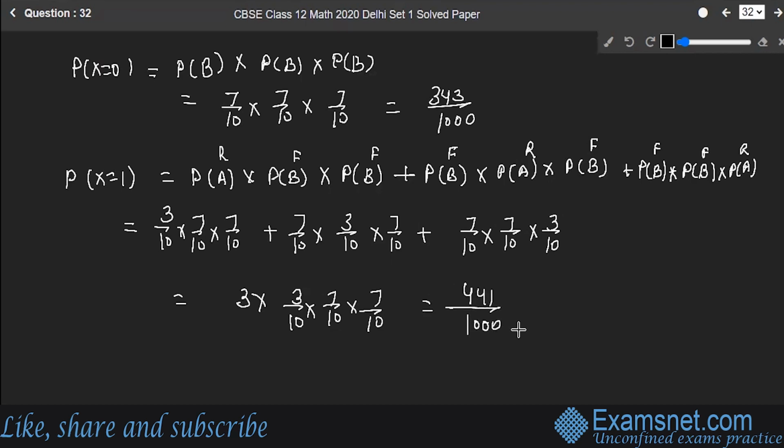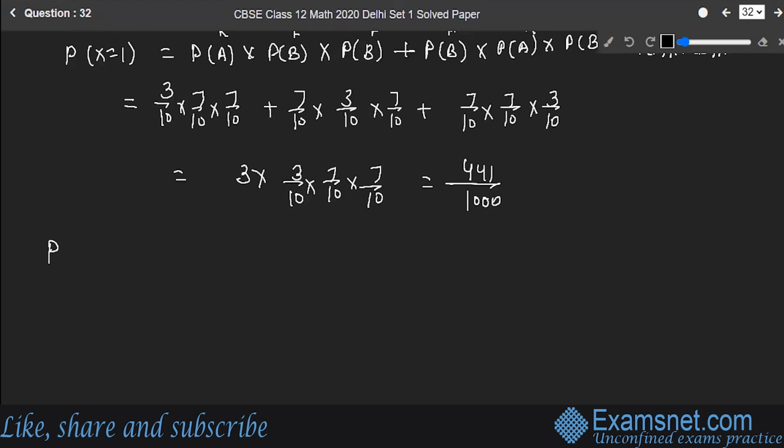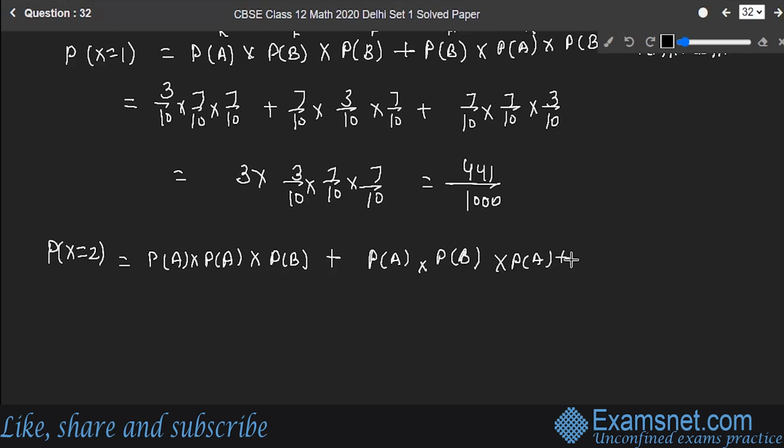Hope you understood this. Now, the probability that you withdraw 2 rotten apples will be rotten, rotten, fresh, plus rotten, fresh, rotten, plus fresh, rotten, rotten.